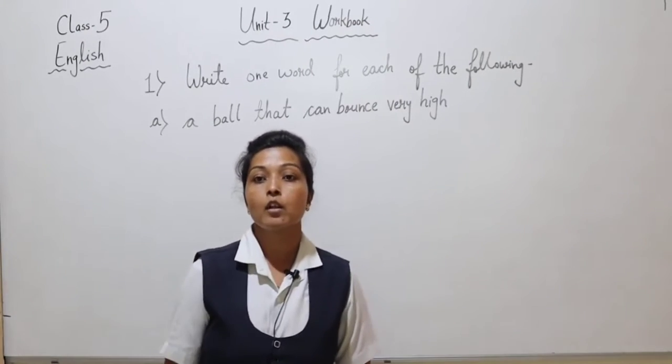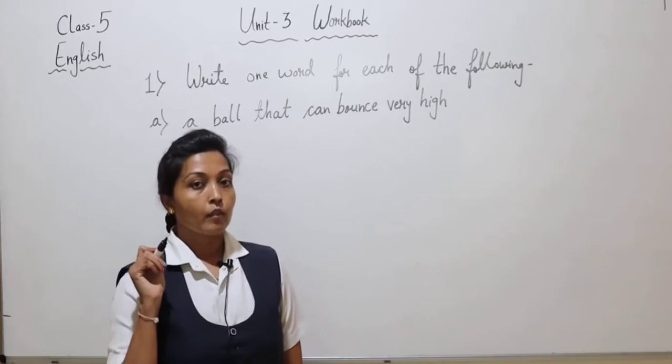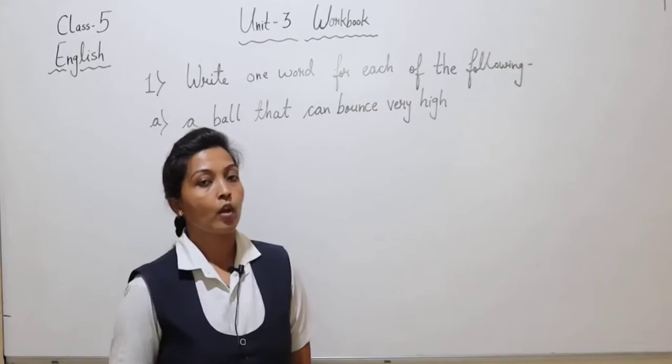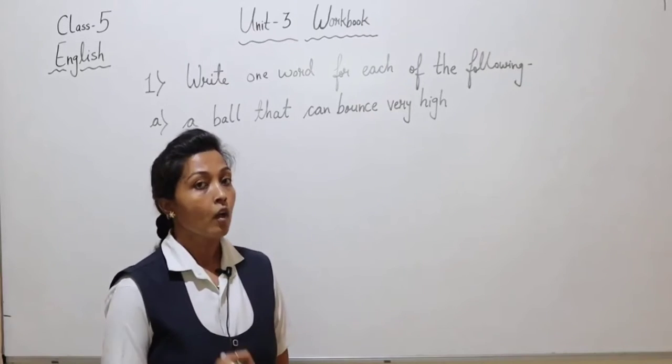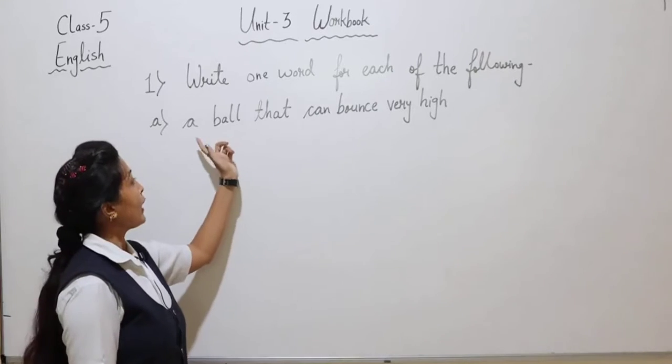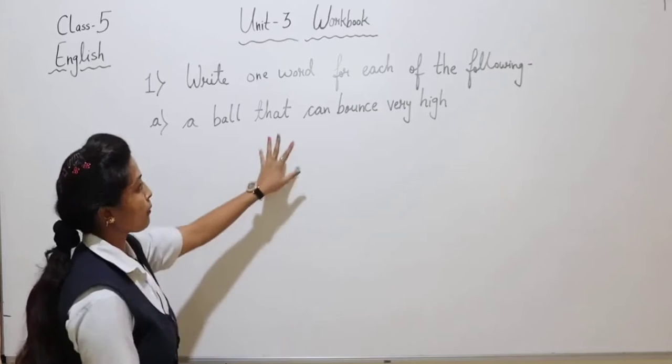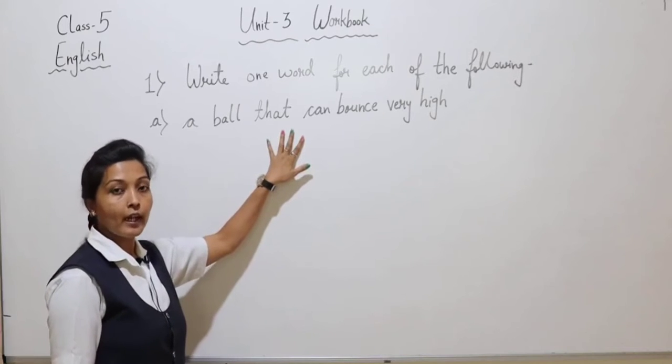So in our textbook we learn word meanings, yes or no? And in that, have you listened to such words? A ball that can bounce very high. Such type of meaning, have you found out in that? Yes.